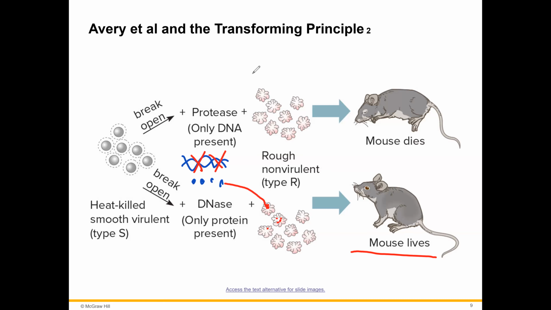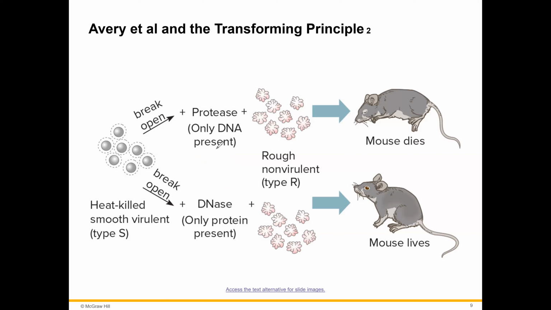So let's just make sure that we understand it completely over here. If you have a mixture of DNA and protein, and you're wondering, what is that molecule that transfers information from S to R? What is that molecule that is capable of making type R virulent and kill the mice, right? So if you have both DNA and protein, what you need to do?